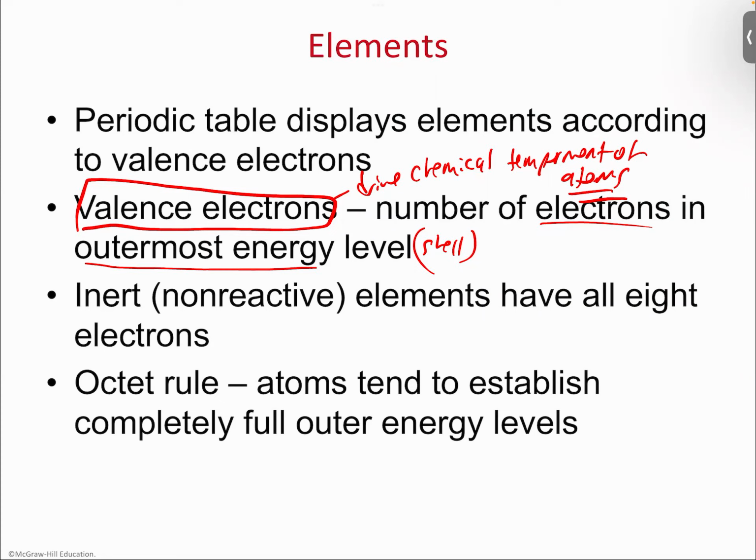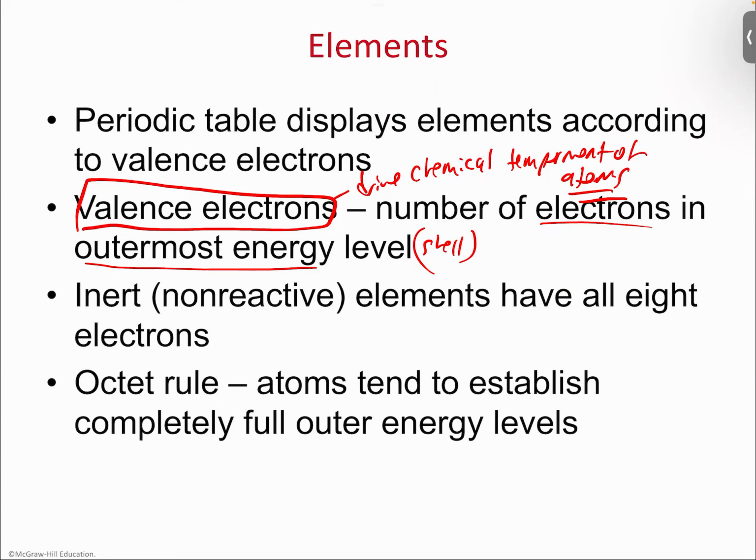They all behave differently. But what I really want to know is, how do they bond with each other? What motivates them to bond? And how can I manipulate that to create what I want, like DNA, for instance? So this is the answer to that. If you want to manipulate how atoms bond with each other to build biological molecules, then you need to understand fundamentally valence electrons and how they determine the behavior of atoms.